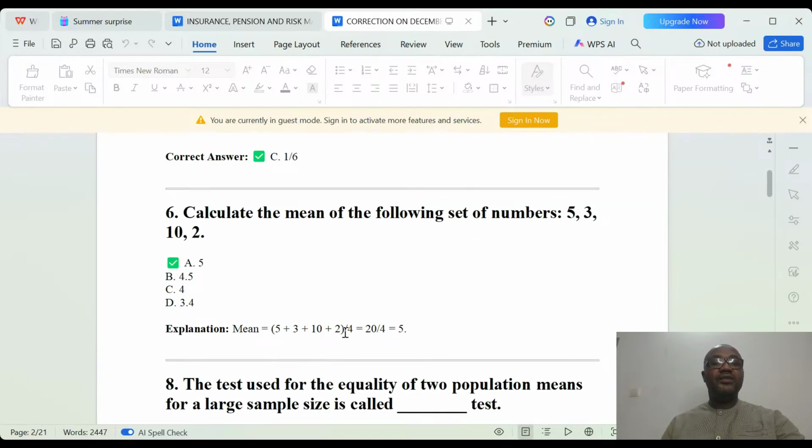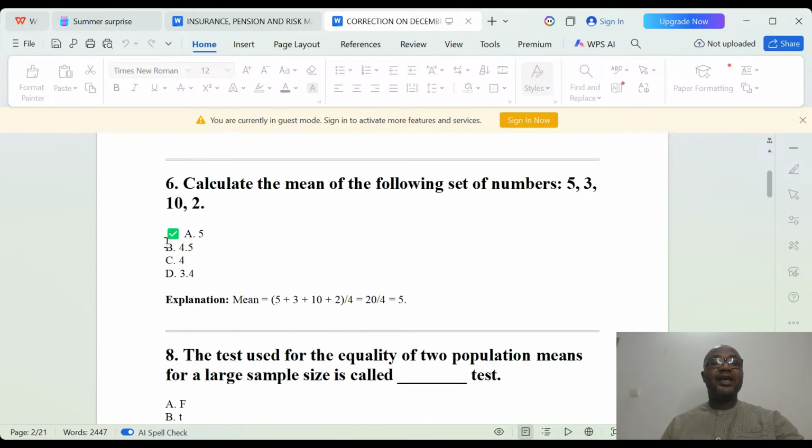So here is a mean. How do we calculate the mean? The answer is 5. How is it 5? You have to add these four data points: 5, 3, 10, and 2. When you add them, you get 20. Divide by 4: 20 divided by 4 is 5. So that is the way we calculate the mean.